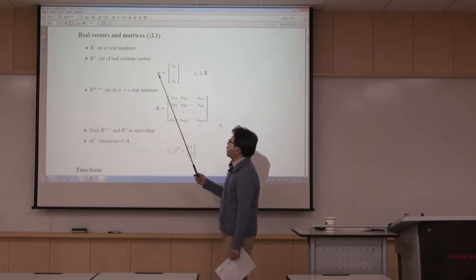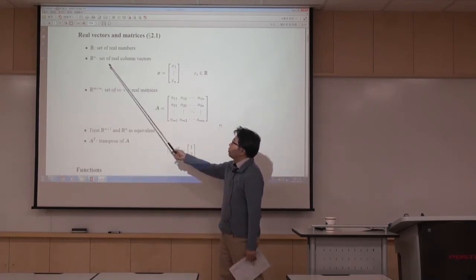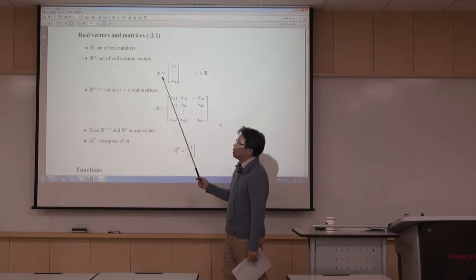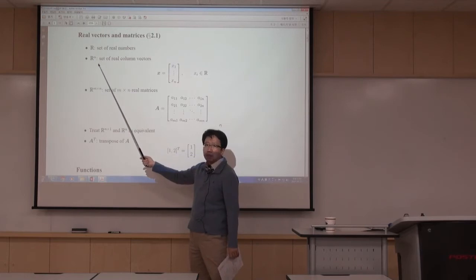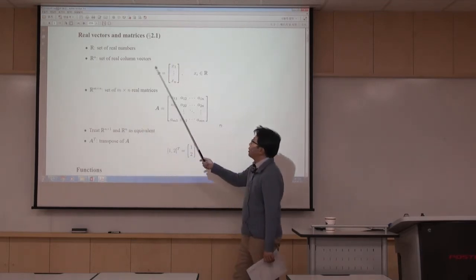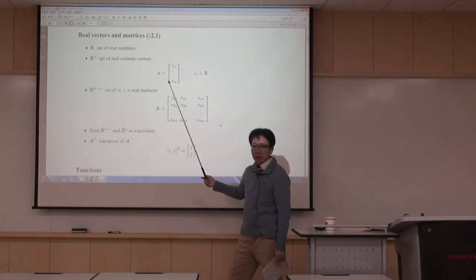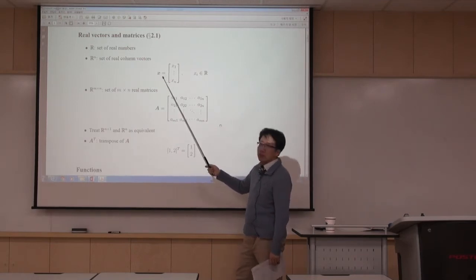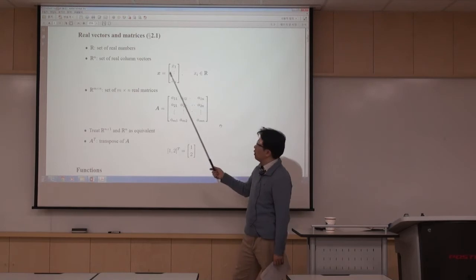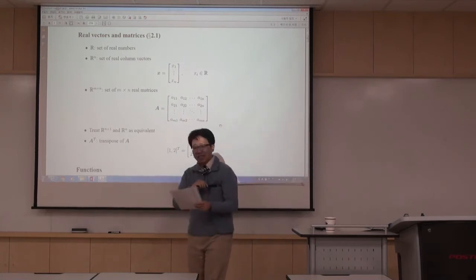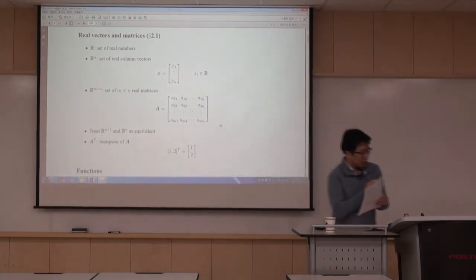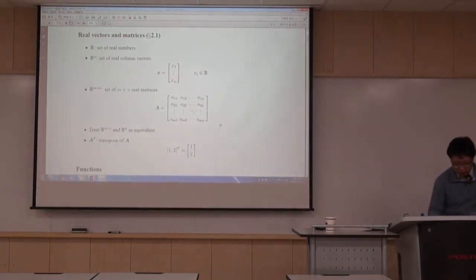By the way, we denote a member of this R to the n set by a boldface lowercase letter. This is especially a column vector with n components. This is another confusing terminology which I really hate.